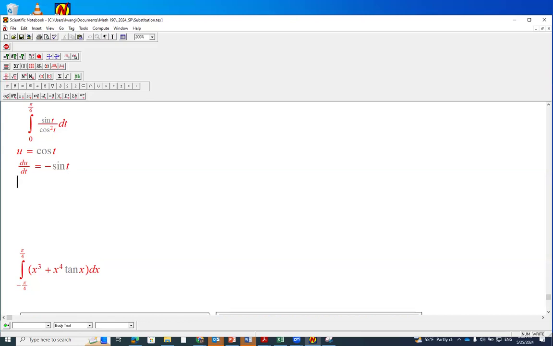As a result, okay, I think you start to see it, du, or you probably already have seen it, minus sine t dt. Okay, so we already have sine t times dt, so that's negative du. So sine t dt is equal to negative du.